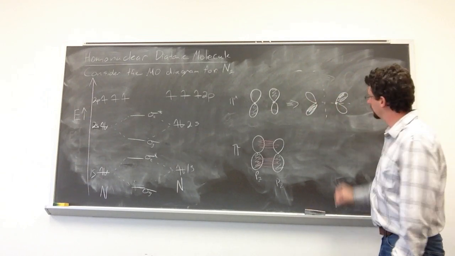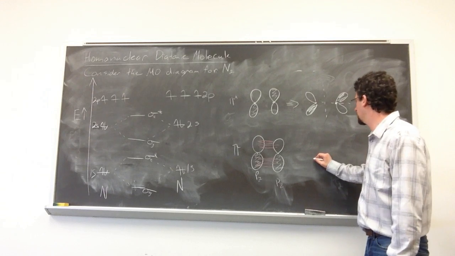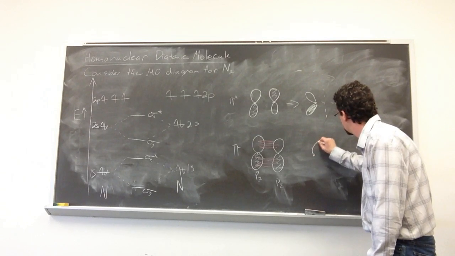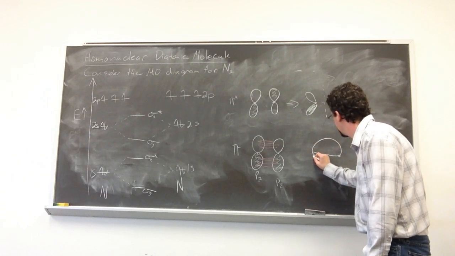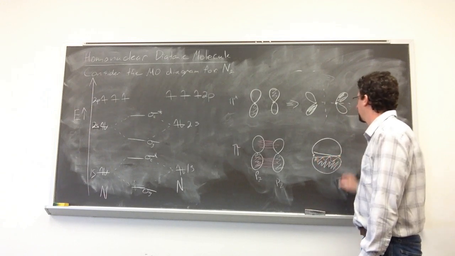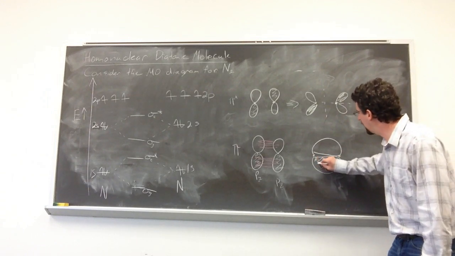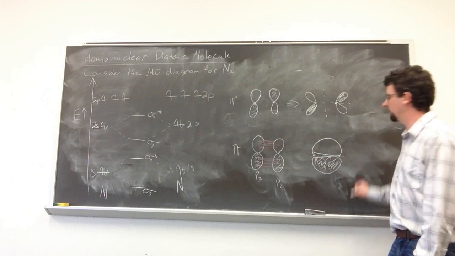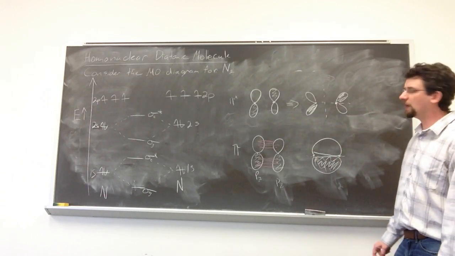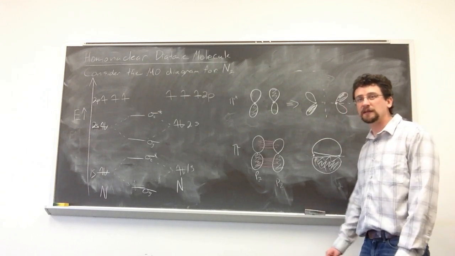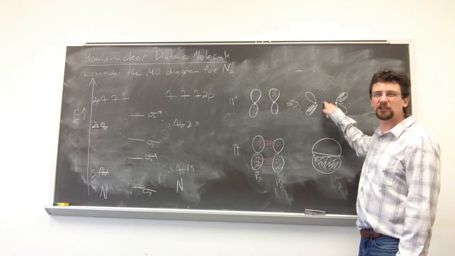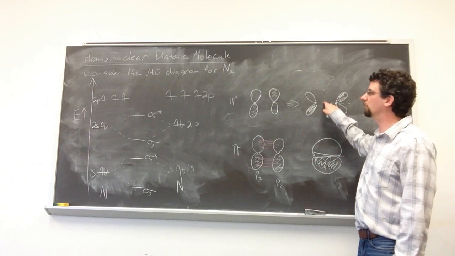There are two nodes there. Then when we consider the p orbital, we get something that looks like that, where there's one node cutting through the center. Now we have to determine if these are symmetric or anti-symmetric with respect to inversion. If we plunk right in the center, this one actually is symmetric with respect to inversion.